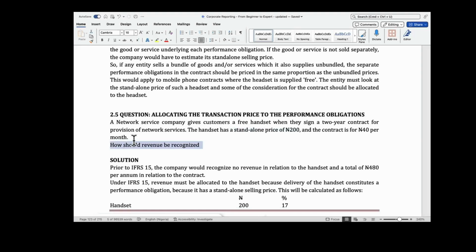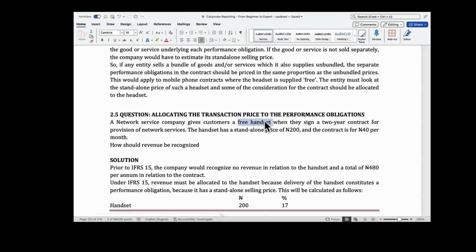Even though the company gives the customer free handsets, this handset is a separate performance obligation, because it has a distinct function and a distinct profit margin. It's separately identifiable.